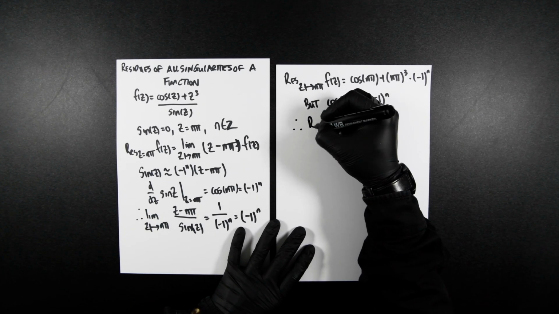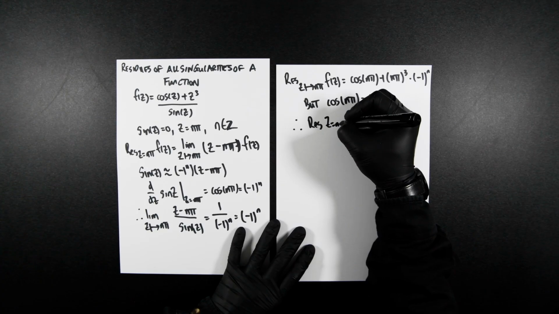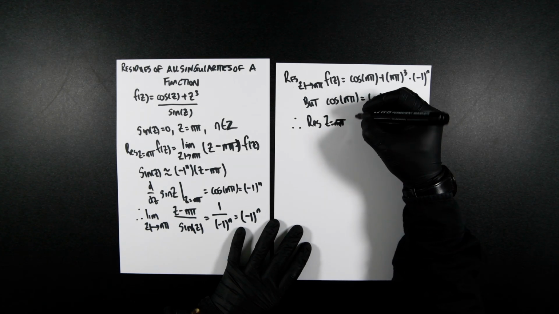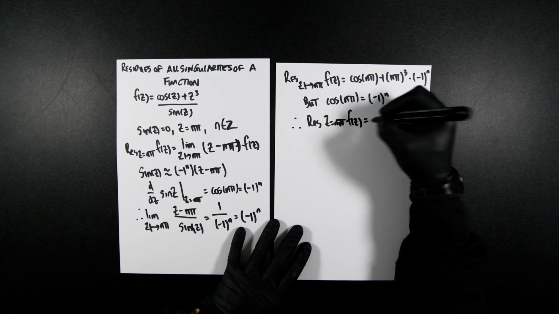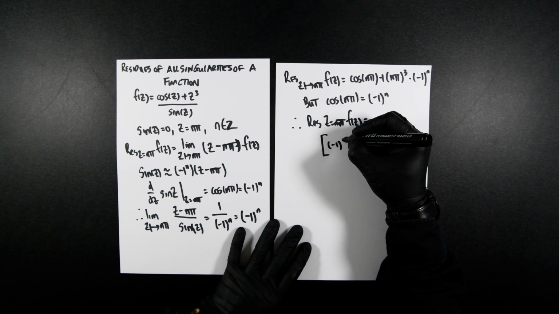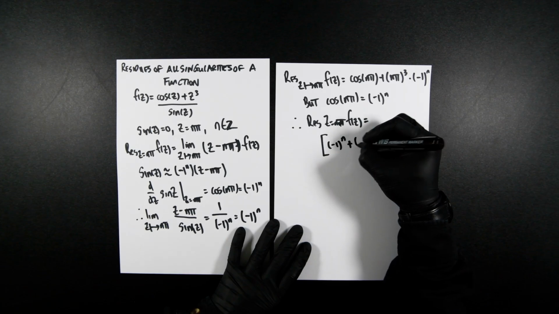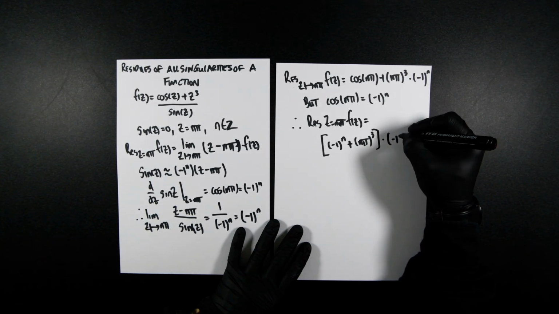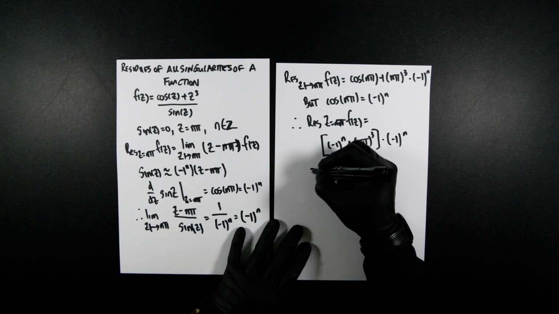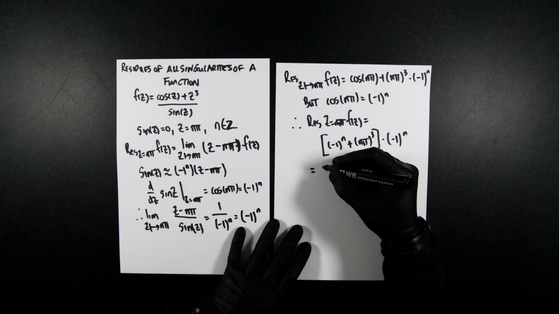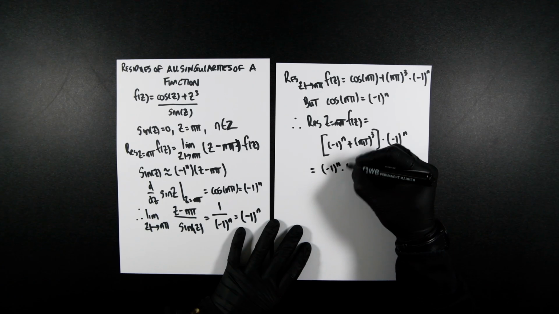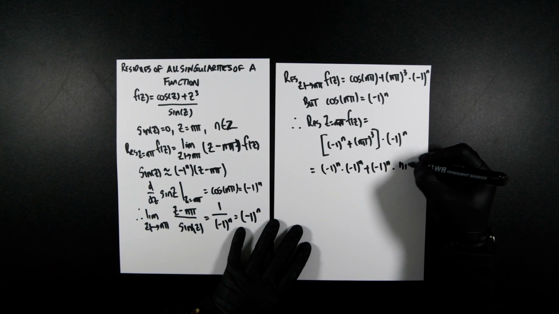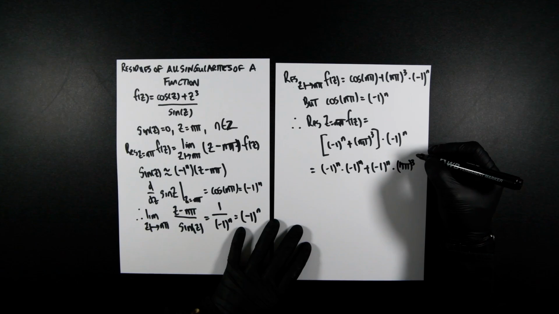So therefore, the residue at z equals nπ of f(z) would be (minus 1)^n plus (nπ) all cubed, multiplied by (minus 1)^n, which equals, now I'm going to simplify this out, (minus 1)^n times (minus 1)^n plus (minus 1)^n times (nπ) all cubed.